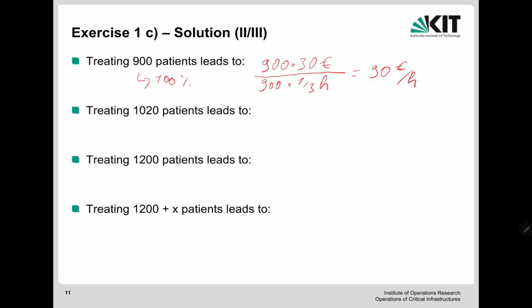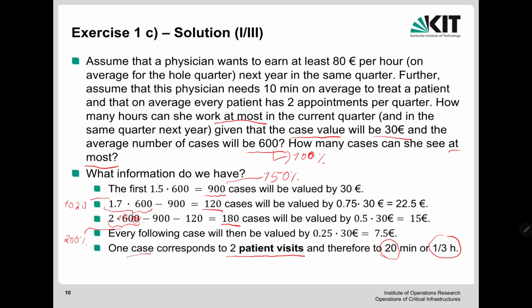The next one is if we treat 1,020 patients, this is basically the 170% case. We know 900 will be treated for 30 euros. And we know 120 patients will be evaluated by 22 euros 50.